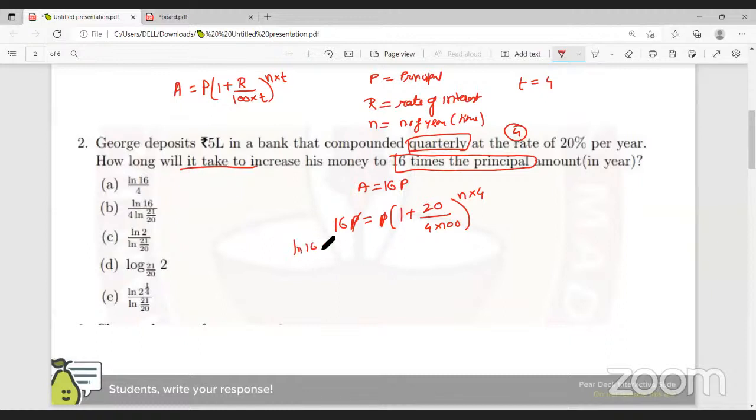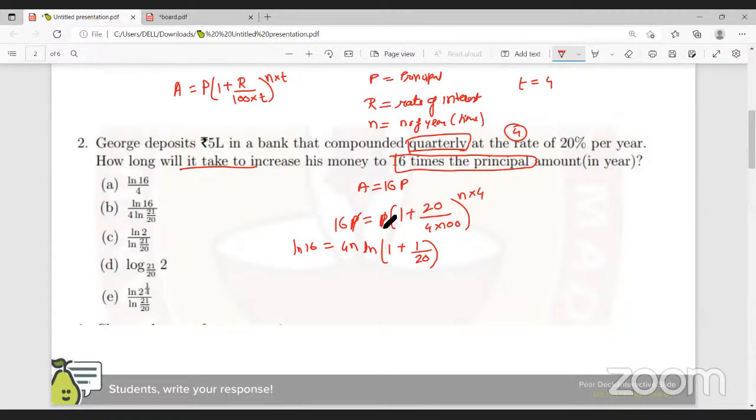So ln of 16, if I take log here, the power will come down, so 4n ln (1 plus ...). I can simplify this also. The zeros will get cancelled. 2 by 40 means 1 by 20, so 1 plus 1 by 20 is 21 by 20. Sir, why not take log on both sides? We have taken the log only on both sides, right?